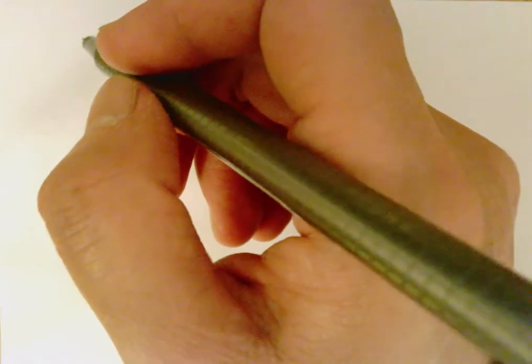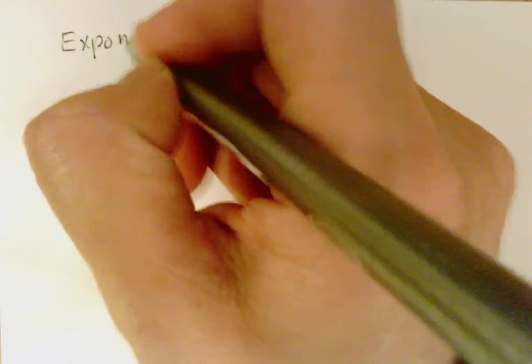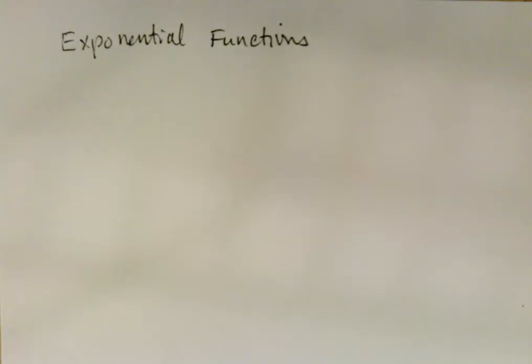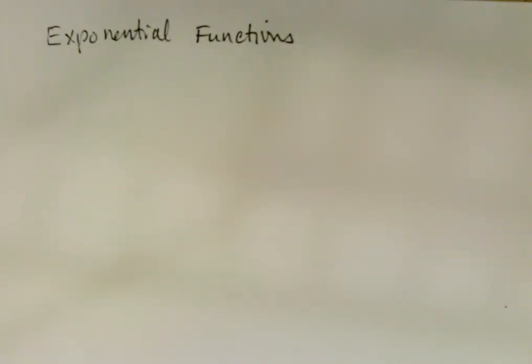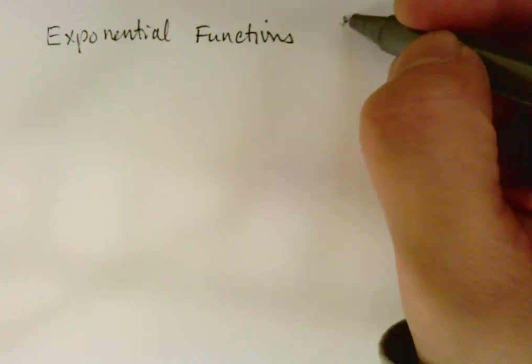And now we're going to talk about a very important type of function, which are exponential functions. So you should have a good idea about what exponential functions look like.